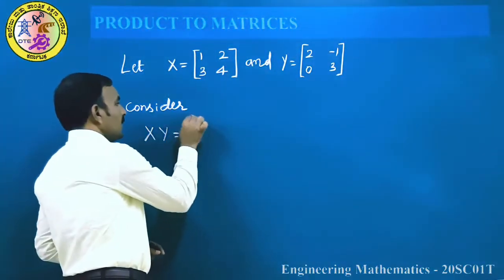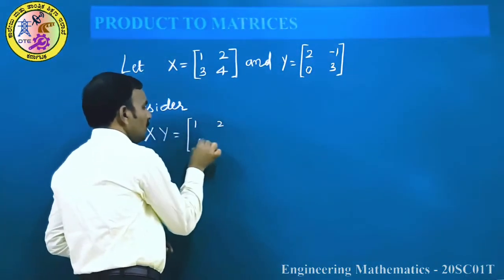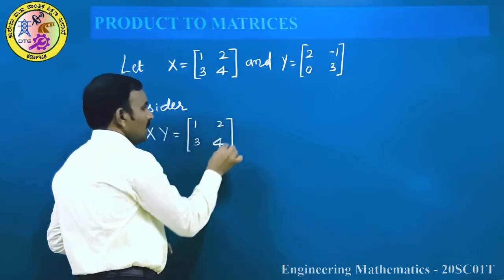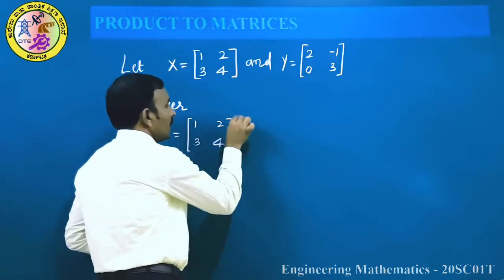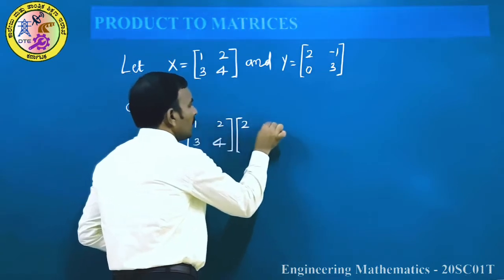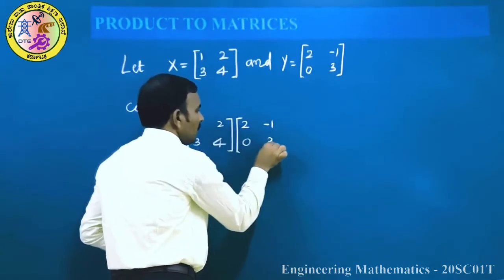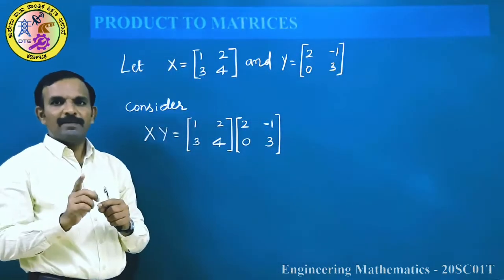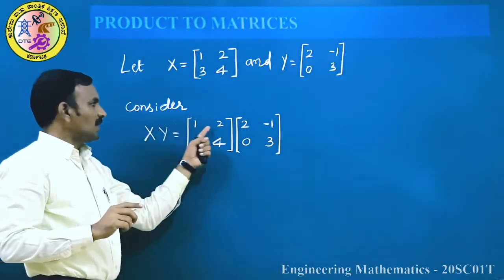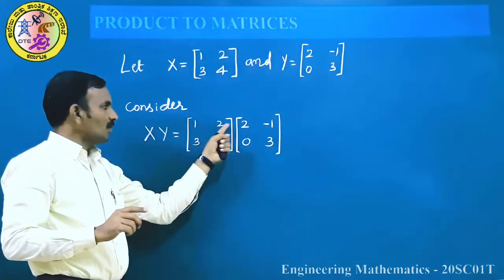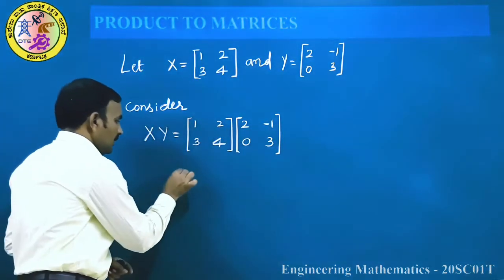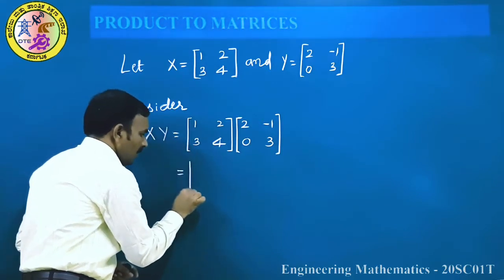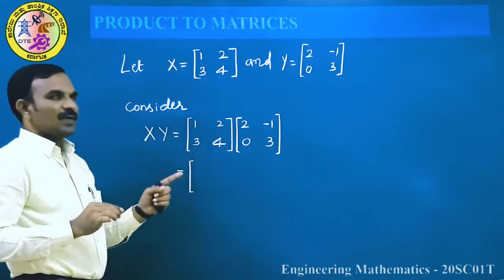That is, X is [1, 2; 3, 4] into Y, which is [2, -1; 0, 3]. Now you have to multiply row by column. Start with first row, first column.